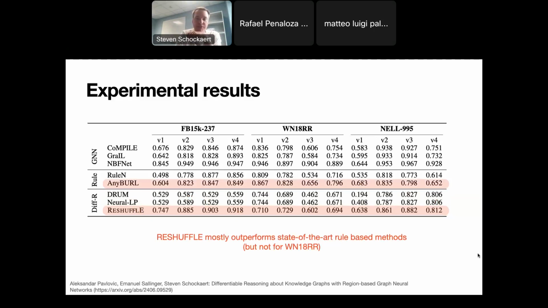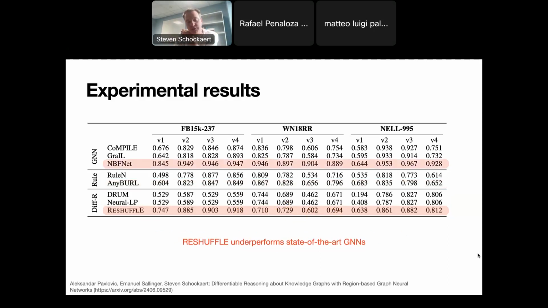If you compare with state-of-the-art rule-based methods like AnyBURL, in most cases we outperform AnyBURL, but not for WordNet. So there's an exception there that we don't yet understand very well. We are not competitive with state-of-the-art graph neural networks, right?